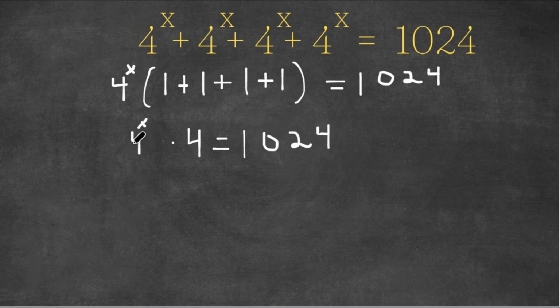Now, if you notice, these two have the same bases. Whenever I'm multiplying exponents, let's say we have a to the power of m times a to the power of n, this is equal to a to the power of m plus n.